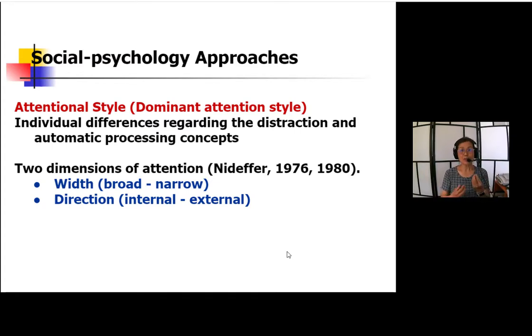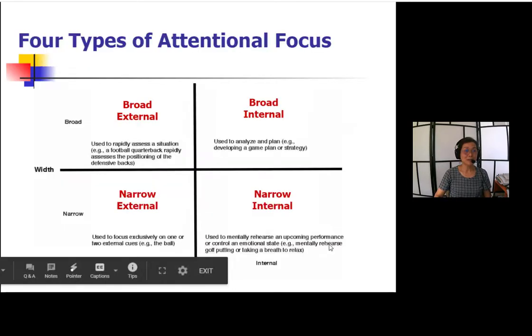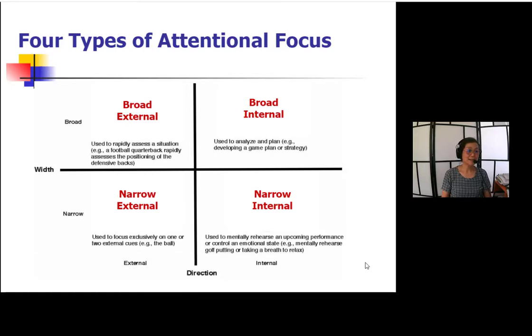Internal means your attention is inside of yourself: your thoughts, your emotions, and your bodily functions. External means your attention is outside of yourself, so you're paying attention to what's going on in your surroundings. The combination of these two dimensions creates four different attentional styles: broad external, broad internal, narrow external, narrow internal.